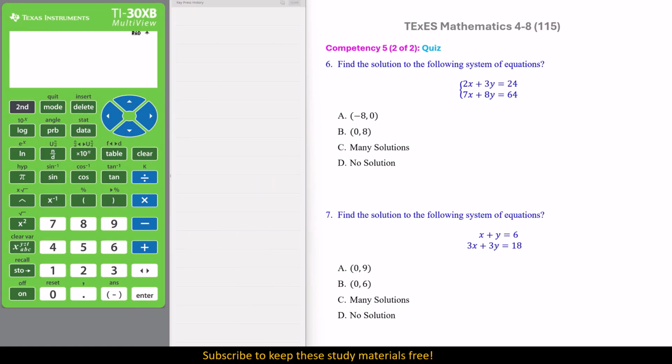Number 6, find the solution to the following system of equations. Before we go on doing calculations, it's always good to verify: if you multiplied one of them by a value, with each term multiplied by the same value, would it be the same line?